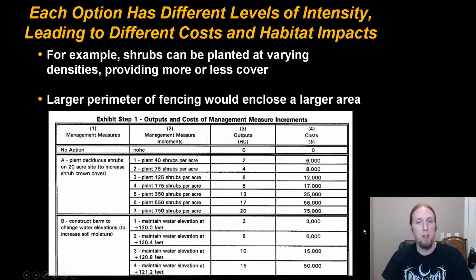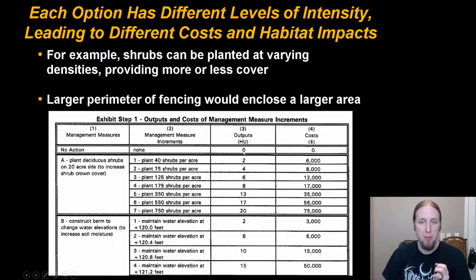And for each one, we can see how many habitat units. This is just going to be our metric that measures the impact. You can think of this as how many acres of land, or how many nesting pairs of veeries maybe we're able to protect. But anyway, this is what we want to try and maximize with respect to its cost effectiveness, is that we want to maximize the number of habitat units that we can protect at a given cost.